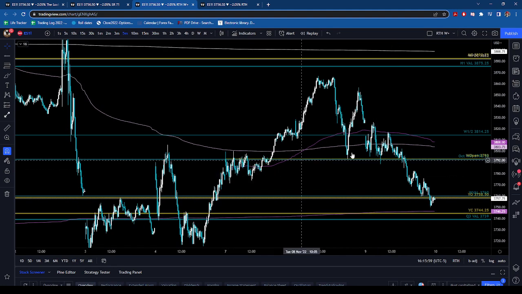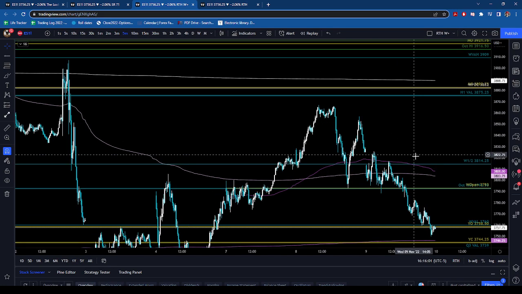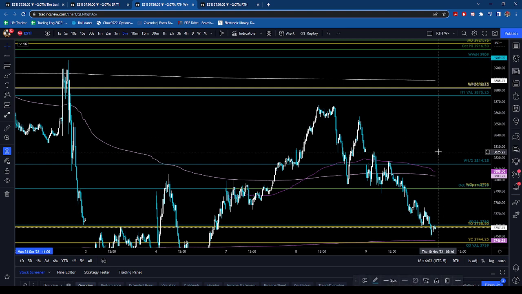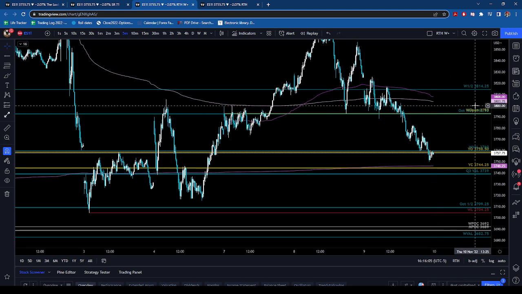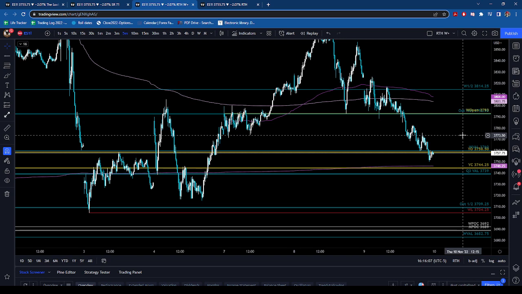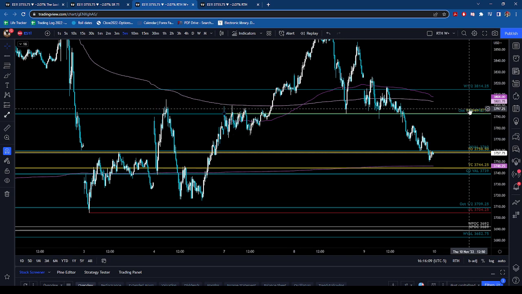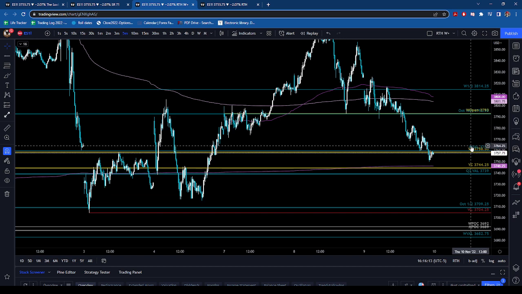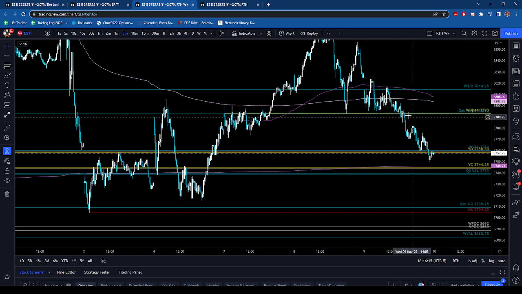That's higher time frame. Or at least I would look for a move to value area high, which is sitting at 39.09. To the downside, if we lost this halfback, I would look for us to go to the open. If we lose the open, I'd look for us to go to value area low from last week, 37.60, which is what we did. We lost the halfback, and we went down to value area low at 37.60.